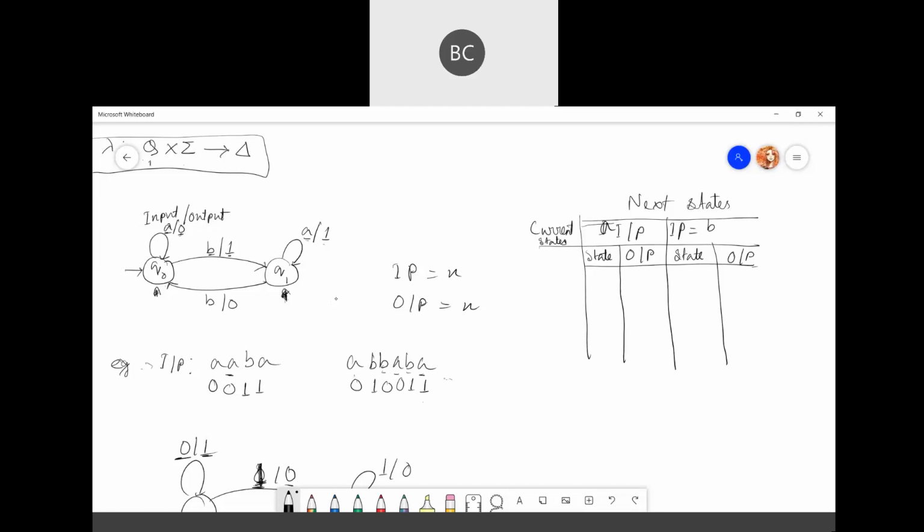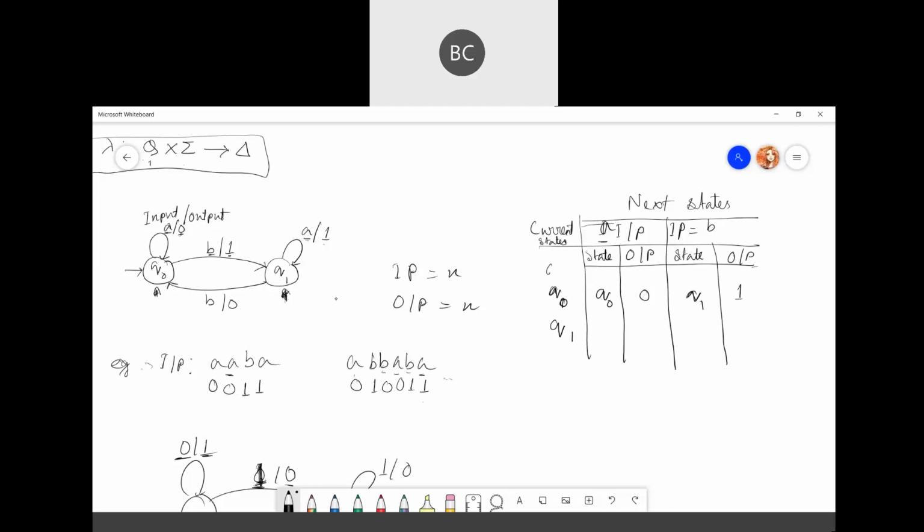Input B. So what are the current states? Q0 and Q1. So for Q0, for input symbol A, what's the next state? It's Q0. What's the output? It is 0. For Q0, for input symbol B, next state is Q1 and your output is 1.